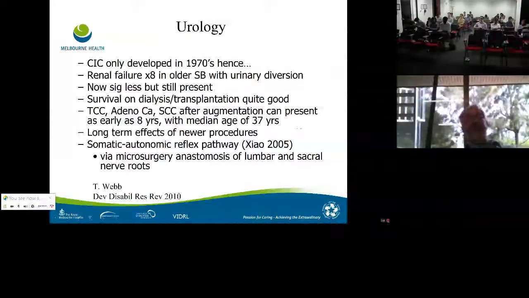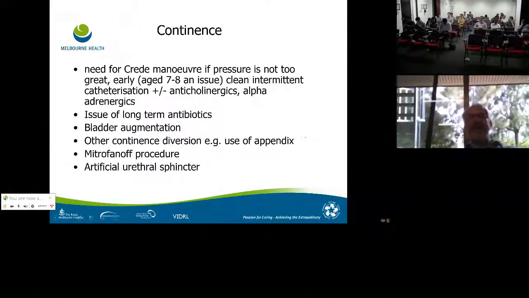Somatic autonomic reflex pathway microsurgery has been done, although this is not a common thing, and I don't think we have had any at Royal Melbourne in the time that I was there. Clean intermittent catheterization plus or minus anticholinergics are really the standards of care.